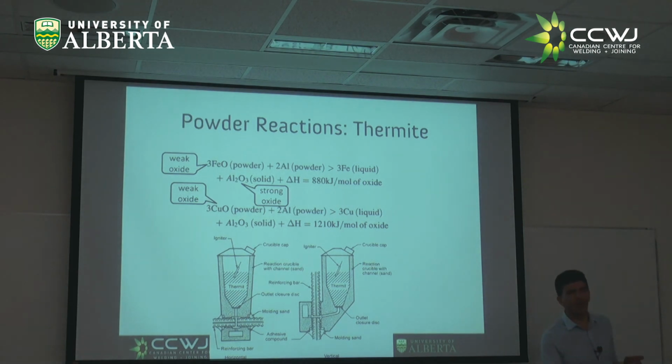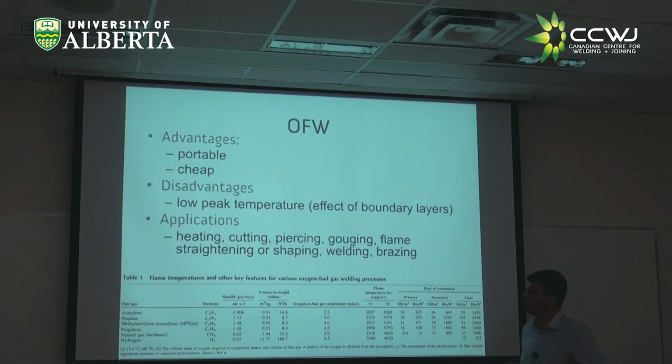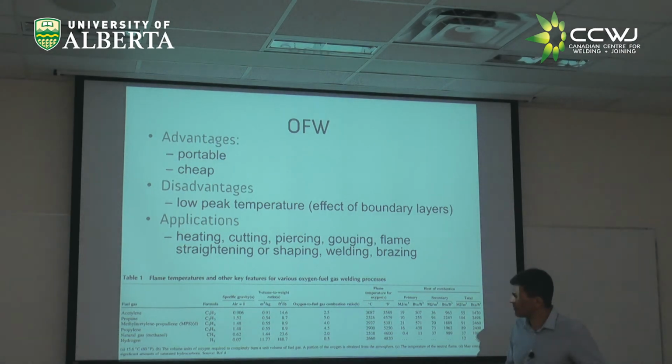Let me tell you about other welding processes that are based on chemical reactions. Yeah. Can you go back to the slide? Is it only acetylene that can be used for that welding? No. All these things can be used. Yes. Like MAP torches, if one of these is MAP.